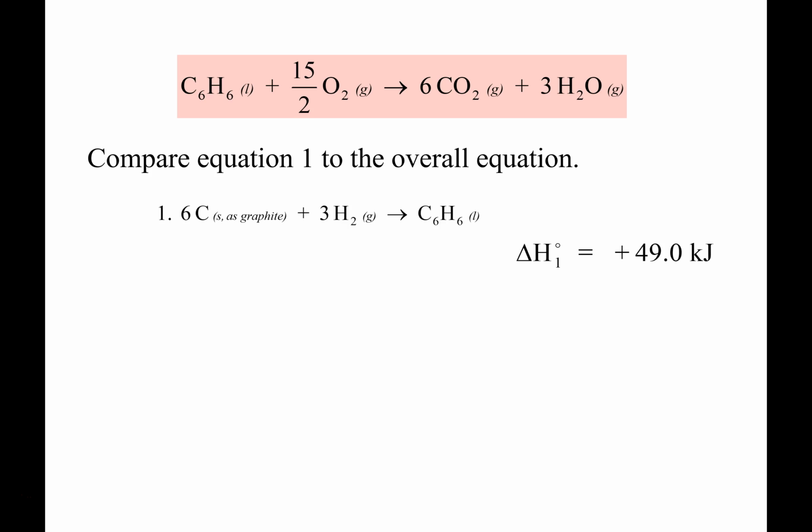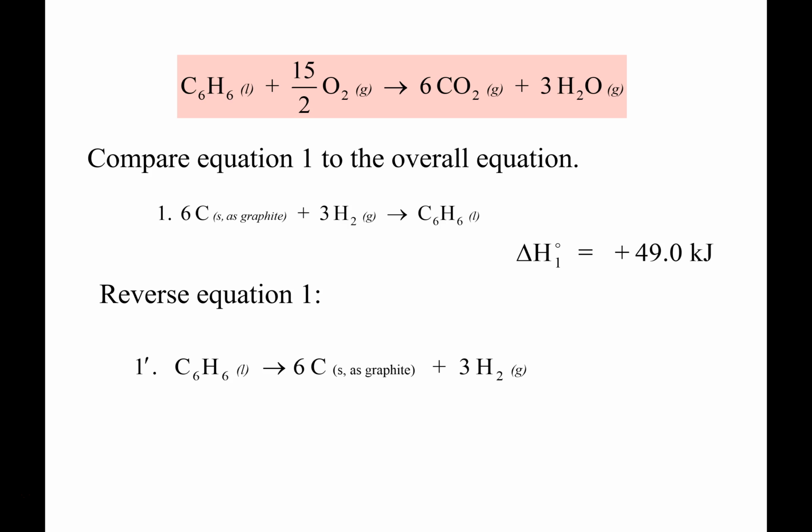I use what's called a prime, with that little tick. So that's puzzle piece 1, and we're going to focus on the C6H6. This little tick mark right here is my prime. The difference between what I was given, 1, and 1 prime is that I went ahead and reversed it.